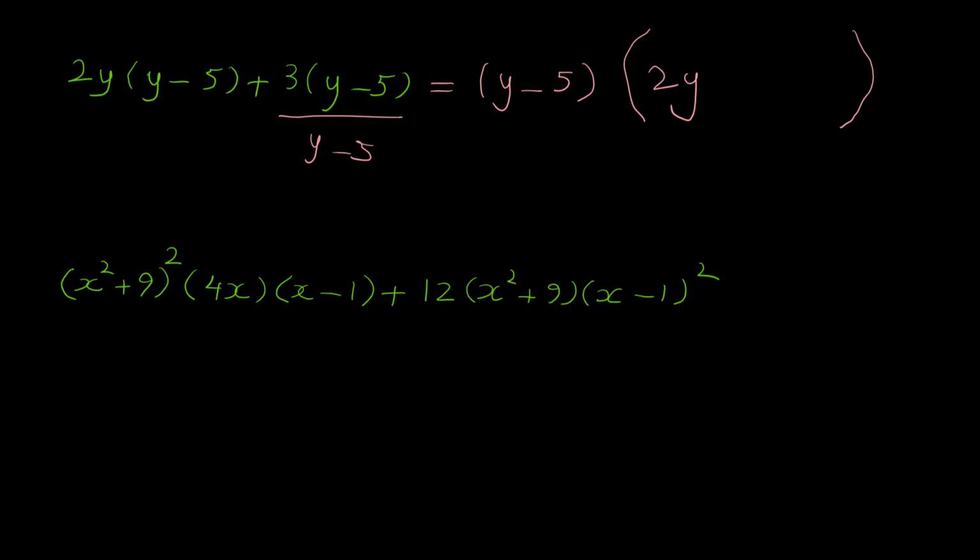For the next one, when we divide 3 times y minus 5 by y minus 5, this with this cancels, and what remains? Yes, only 3, so plus 3. So this is the factored form of this given expression. We don't need this big bracket, just a small bracket is enough here.